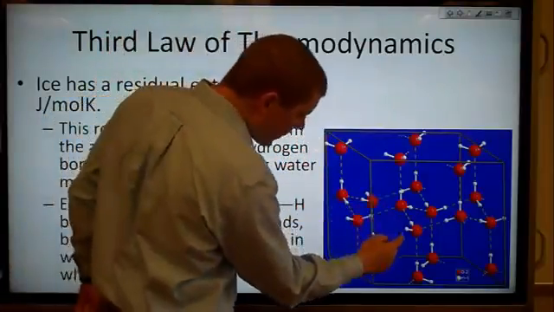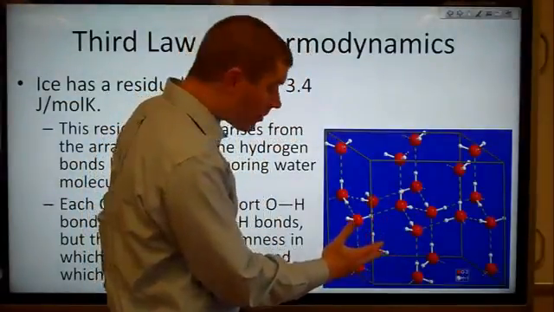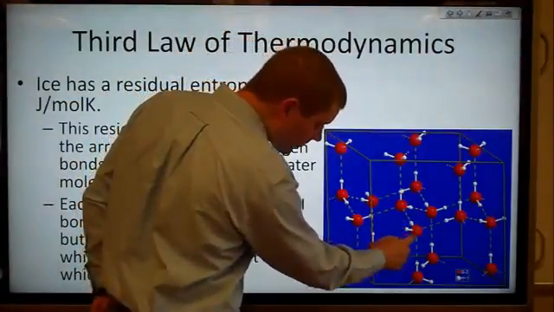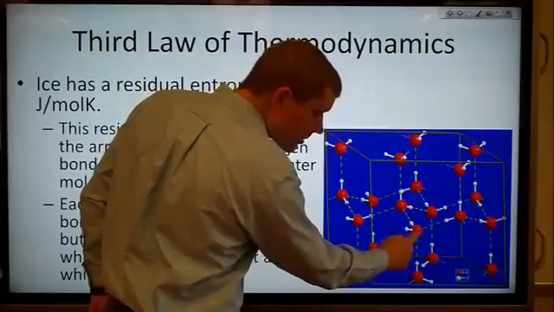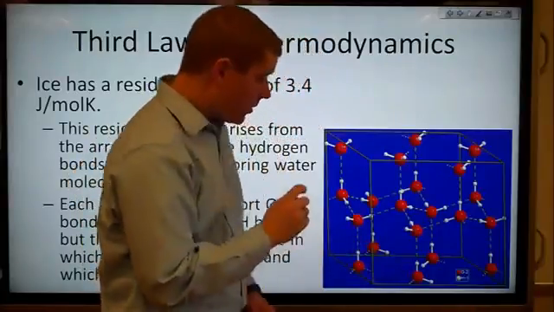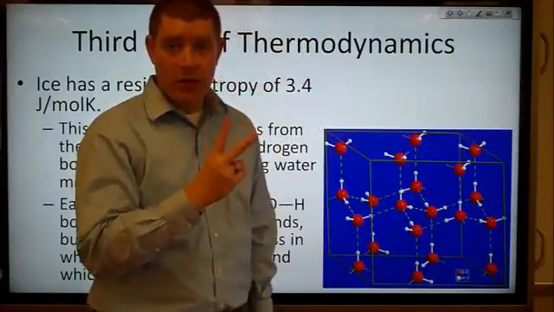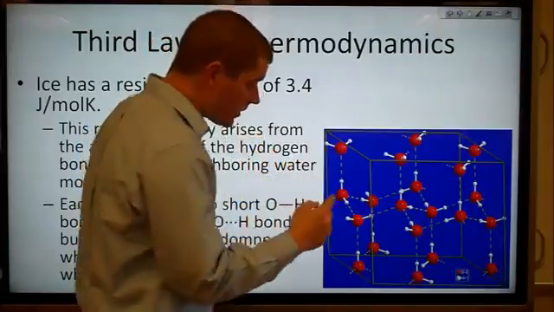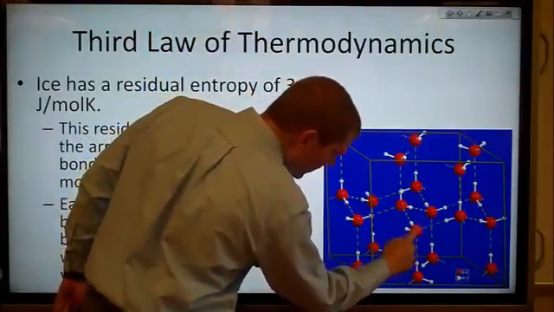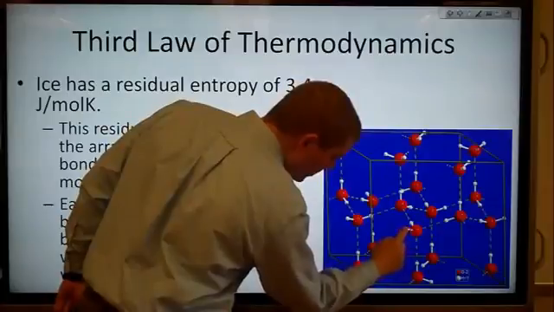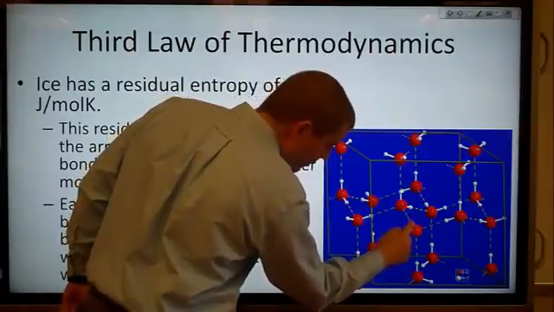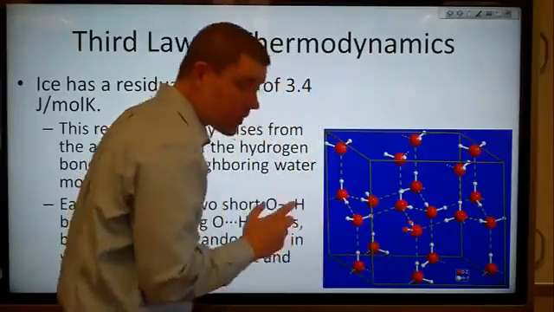If we look at any one particular water molecule, like this oxygen atom, it has two covalent bonds to neighboring hydrogen atoms. This oxygen is bonded to this hydrogen atom here, and that hydrogen atom back there, with covalent bonds.